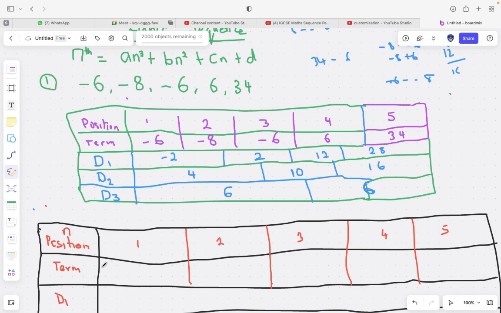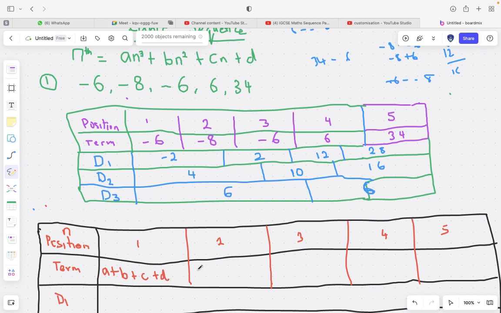So here I will have a plus, 1 squared is 1, 1 times b, I will have plus b. 1 times c, plus c. And d, there's no n there, so you just say plus d. So the first place, I just have a plus b plus c plus d.